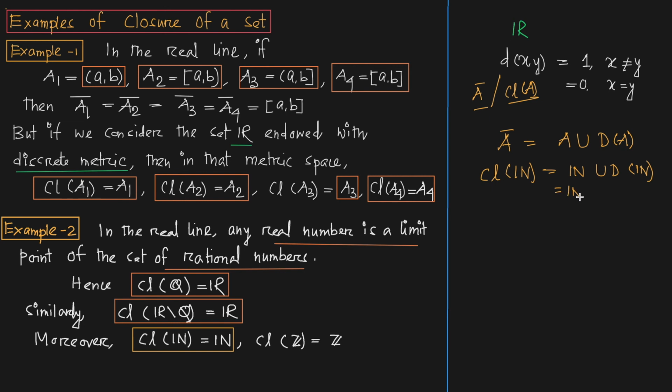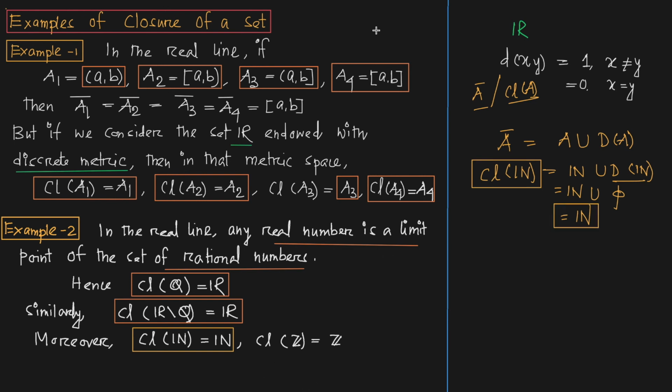The derived set of the natural numbers is phi, since the natural numbers have no limit point, so N union phi is N. That's why closure of N is equal to N.